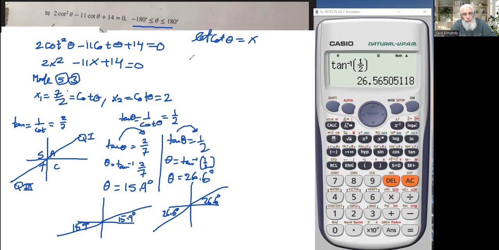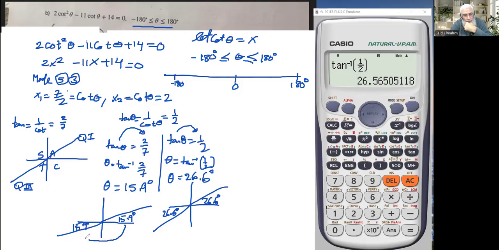In the domain, it is said here from negative 180 less than or equal to theta, and theta is less than or equal to 180 degrees. So we have negative 180, then 0, and then positive 180. We said we have two solutions.